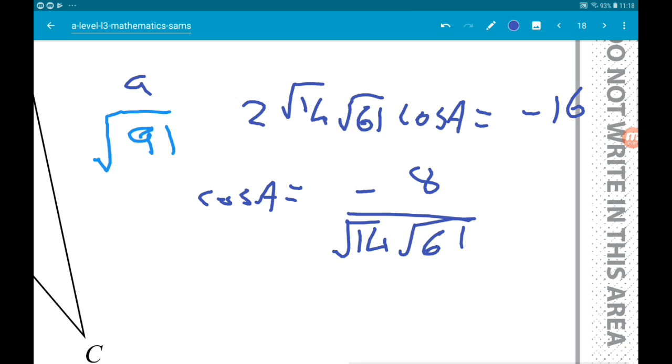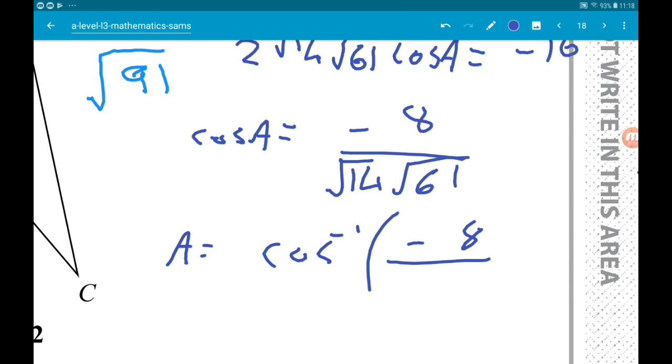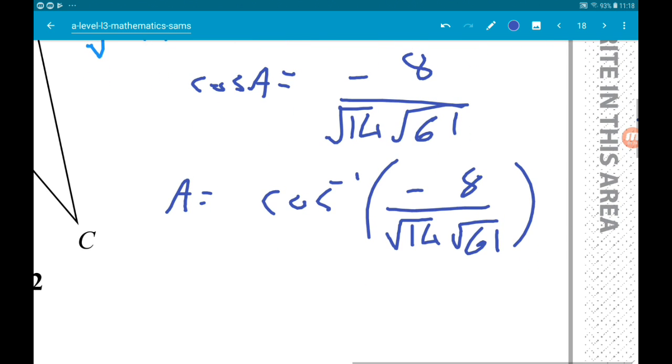Inverse cos that, so we get A is the inverse cos of minus 8 over root 14 root 61, and that gives us 105.88 blah blah blah, which is 105.9 degrees to 1 decimal place. Boom.